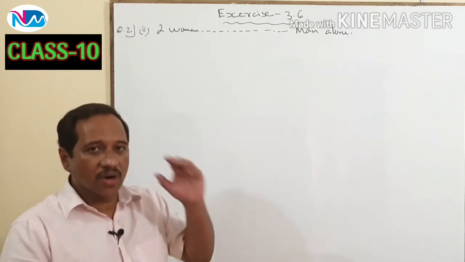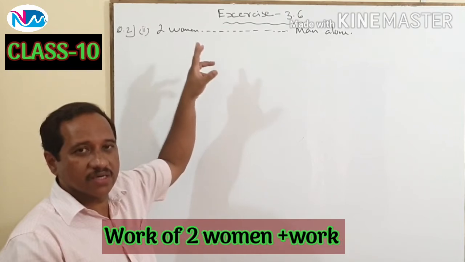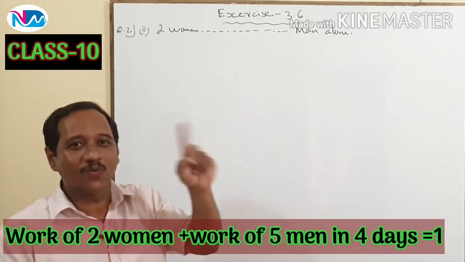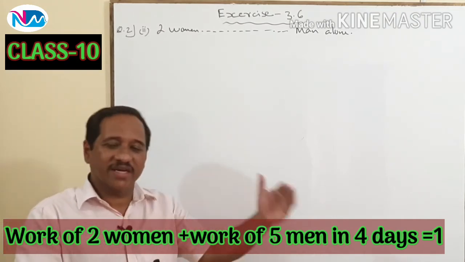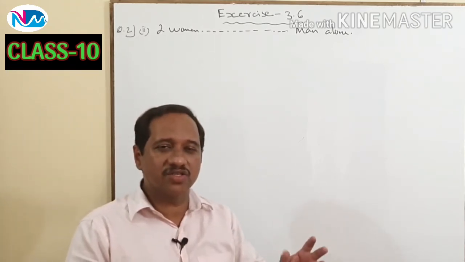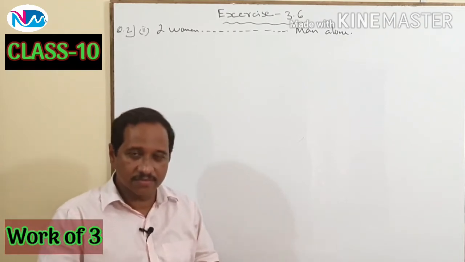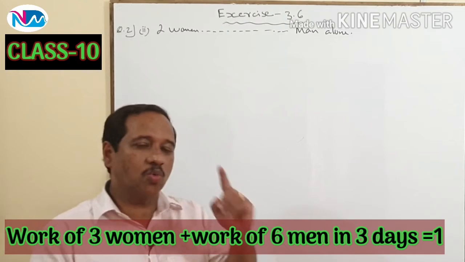That means work of 2 women plus work of 5 men in 4 days is equal to 1, because they complete the work. In the second case, 3 women and 6 men can complete it in 3 days. That is, work of 3 women plus work of 6 men is equal to also 1.